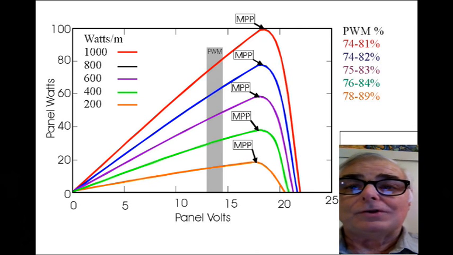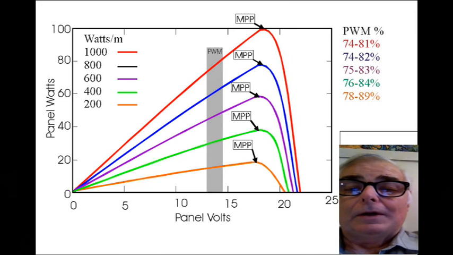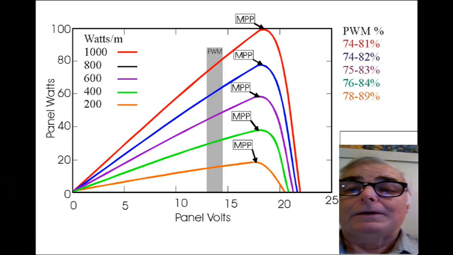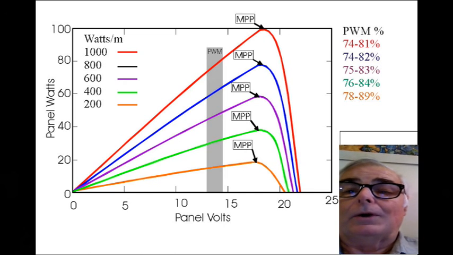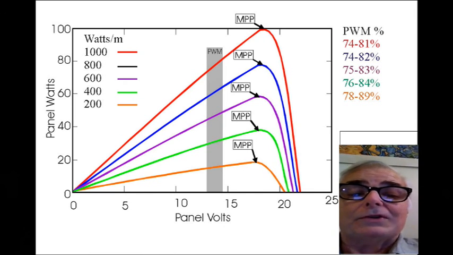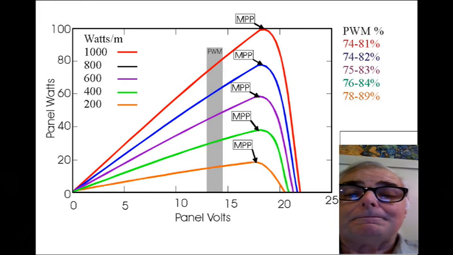There's also some additional information on here. If we look at the red curve, right at the top of the red curve, there's a box that says MPP and an arrow pointing to a spot on the curve. That is what's called the maximum power point. That is the point on the output for this solar panel where it will put out its maximum possible power for this intensity of sunlight.